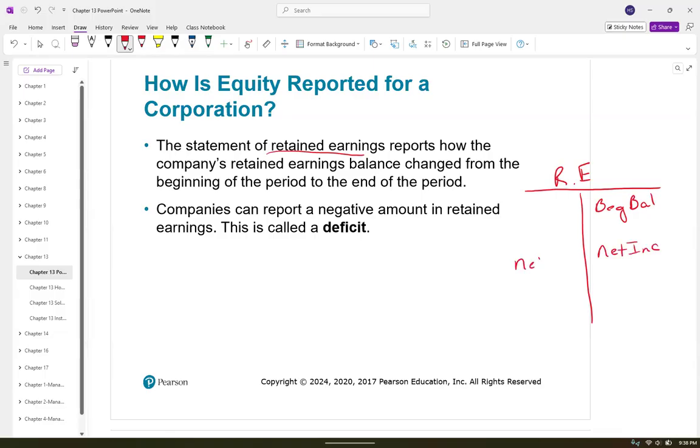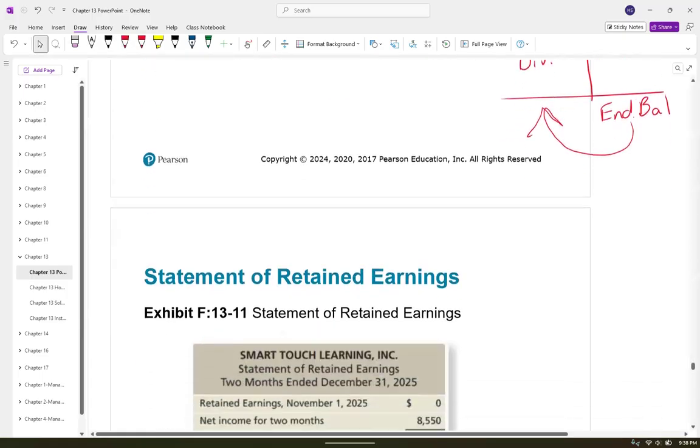If we had a net loss, that would be on the debit side, and dividends are on the debit side of retained earnings. We hope that we have a credit balance as an ending, but like I said, it could bump over here because we may have had a lot of net losses, paid too many dividends, and then we end up with a debit balance. That would be a deficit in retained earnings.